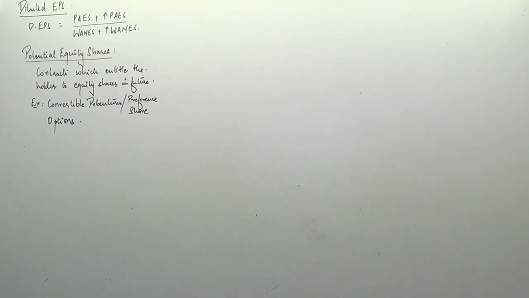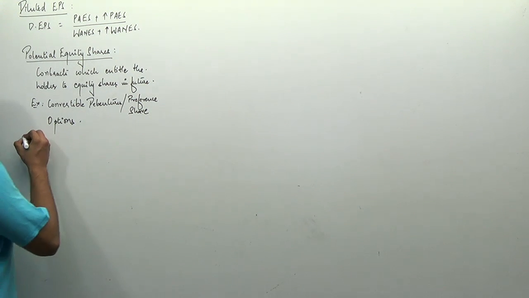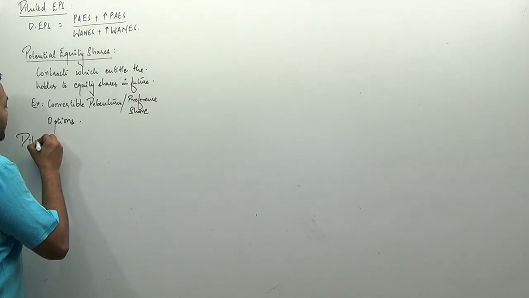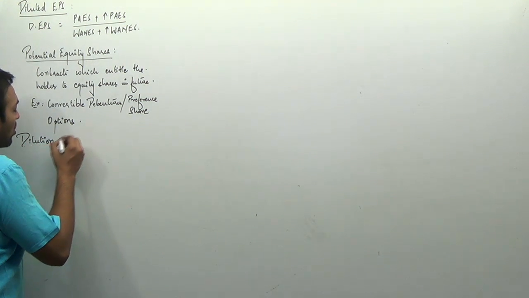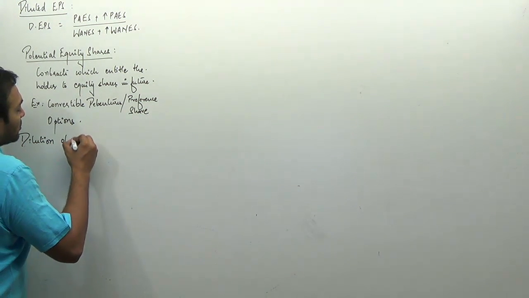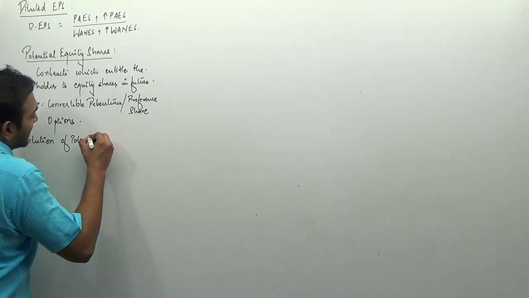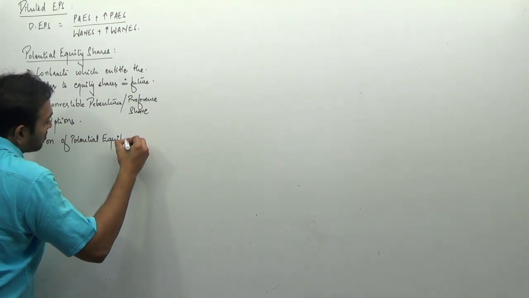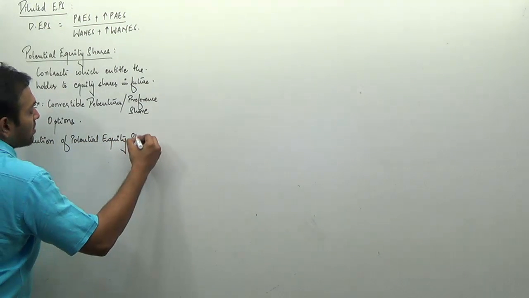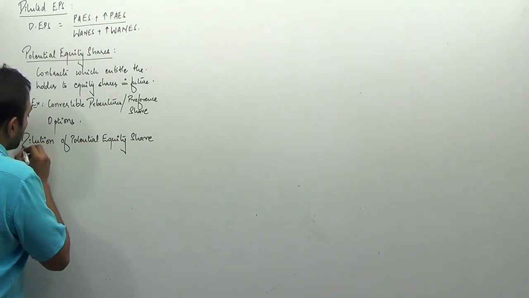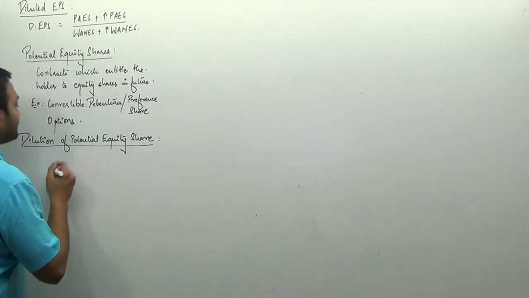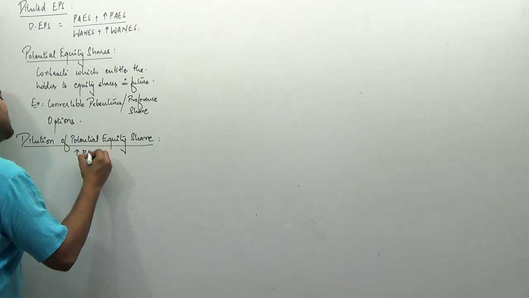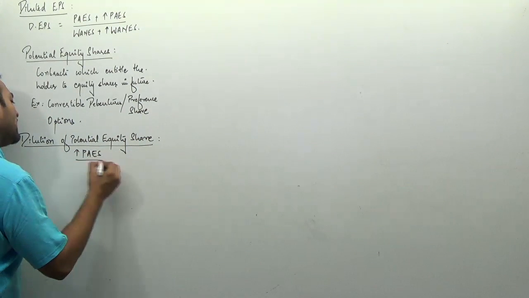For any potential equity share, we need to think about one small factor that is called dilution. Dilution of a potential equity share, think about it, is increase in PAT by increase in WANES.